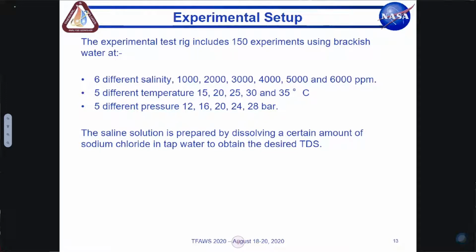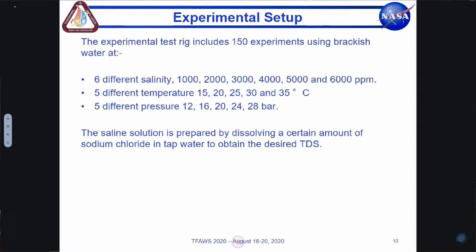For the experimental setup, we will make an experimental test rig including about 150 experiments using brackish water. At first, there will be 6 different salinities from 1,000 to 6,000 parts per million.